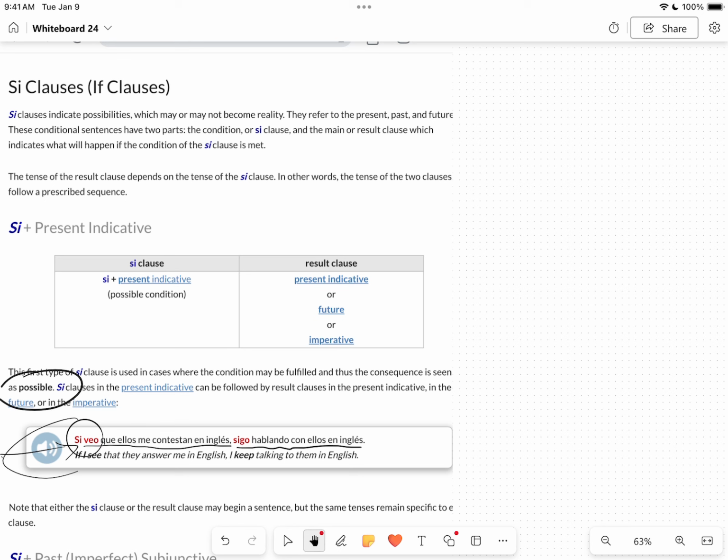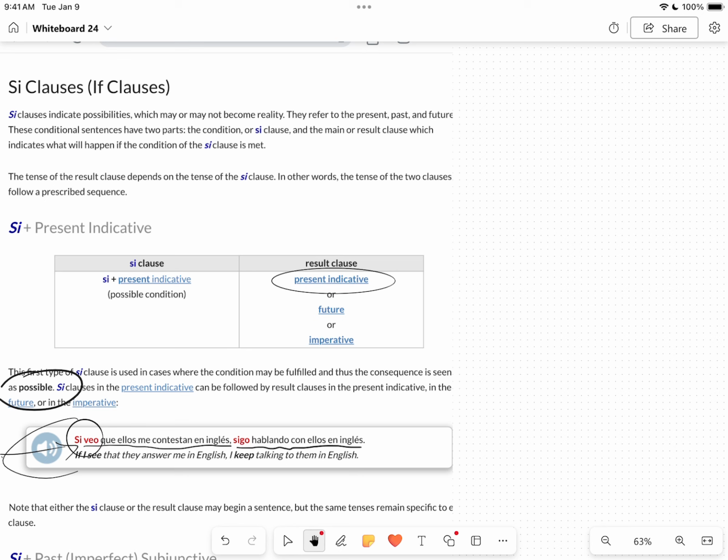And this person who is speaking is saying it's probable that I will continue speaking in English. So if they are answering me in English, I will keep talking to them in English. He or she uses a present indicative in the second clause.